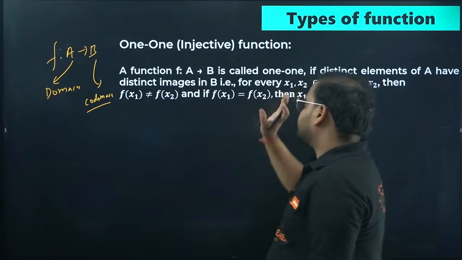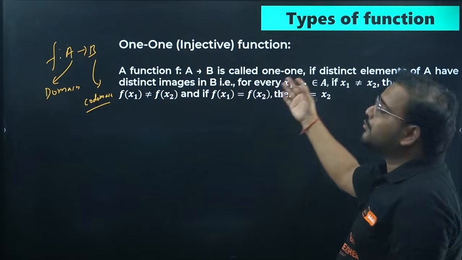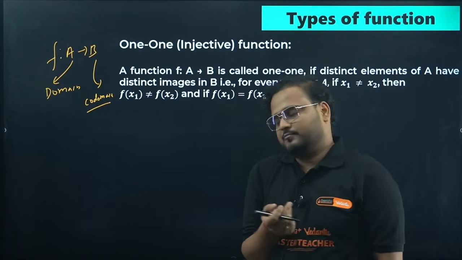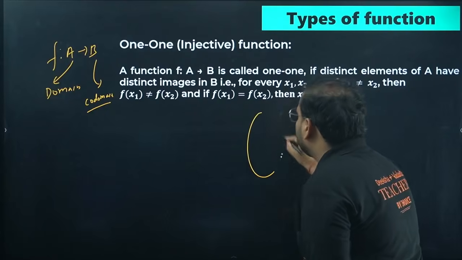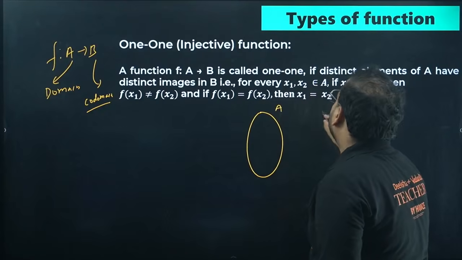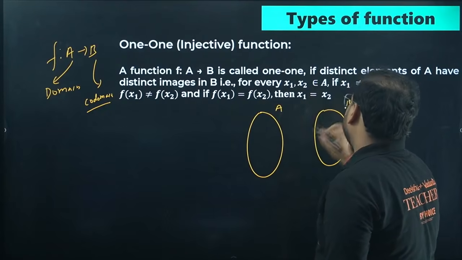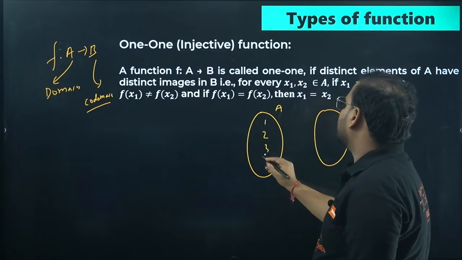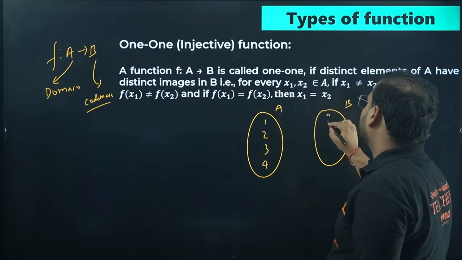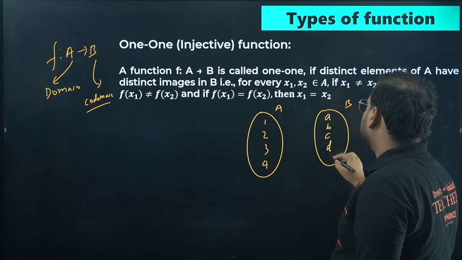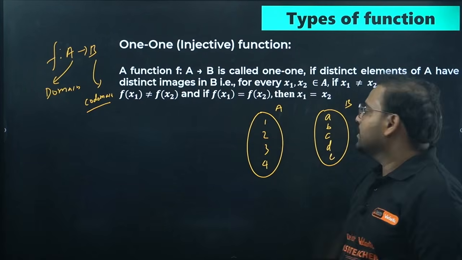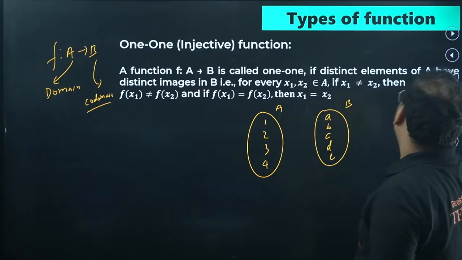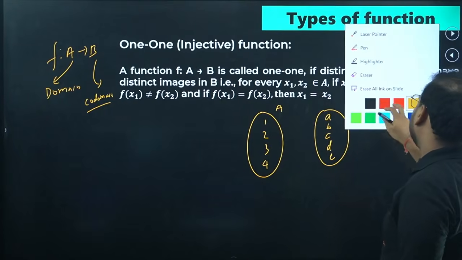Okay, chaliye. So it's called 1-1 if for every distinct element in domain... What's the meaning of this, sir? If this is my domain A and this is my codomain B, you'll have elements, right? Let's call these 1, 2, 3, 4. Here we have A, B, C, D, E. So for every distinct element in my domain, I should have a distinct image in codomain.